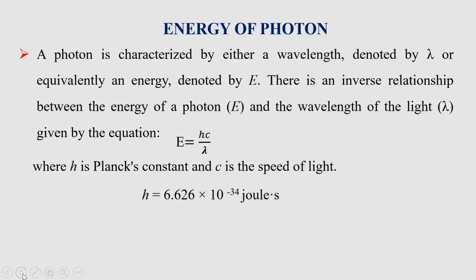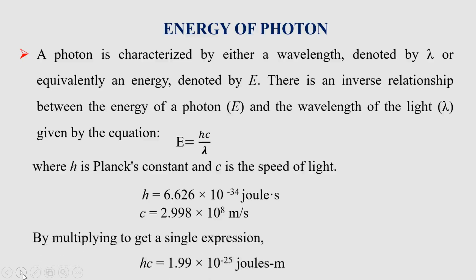The Planck constant h value is 6.626 into 10 raised to minus 34 joule second, and the speed of light c is equal to 2.998 into 10 raised to 8 meter per second, or approximately 3 into 10 raised to 8 meter per second.